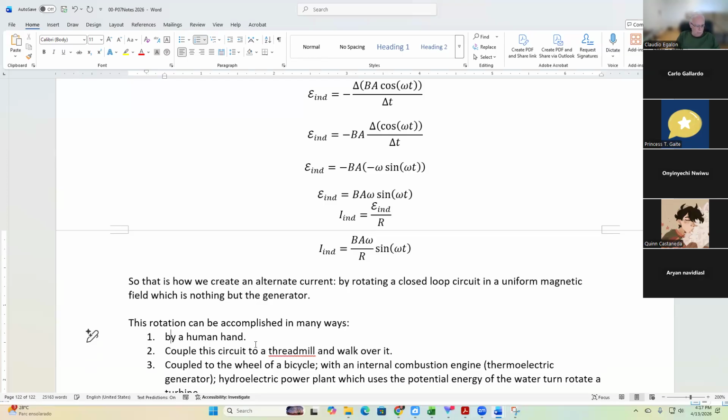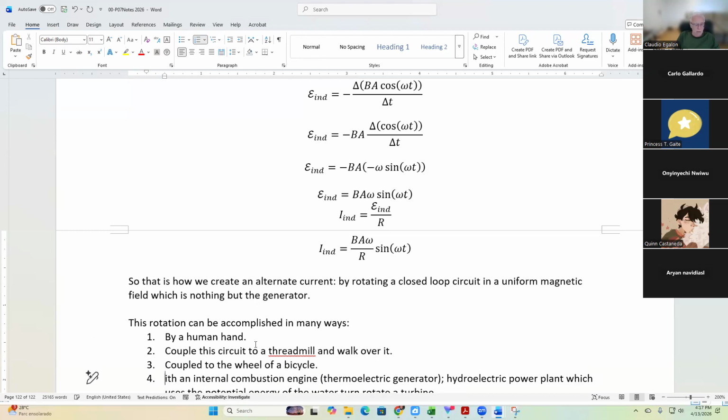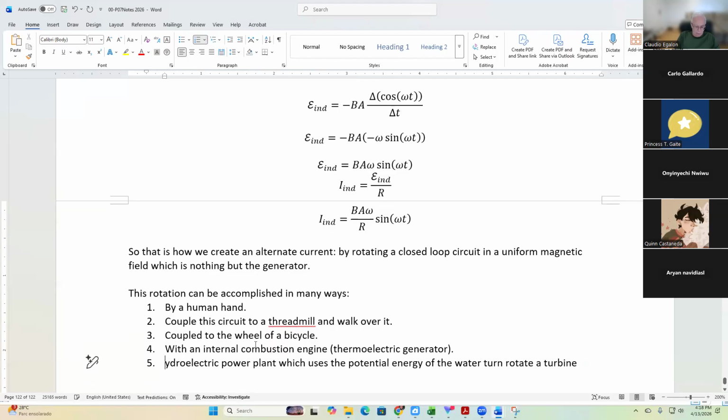So there are all sorts of ways that we can create a generator, with an internal combustion engine, or hydroelectric power plants, which use the potential energy to rotate a turbine coupled to a circuit, etc.